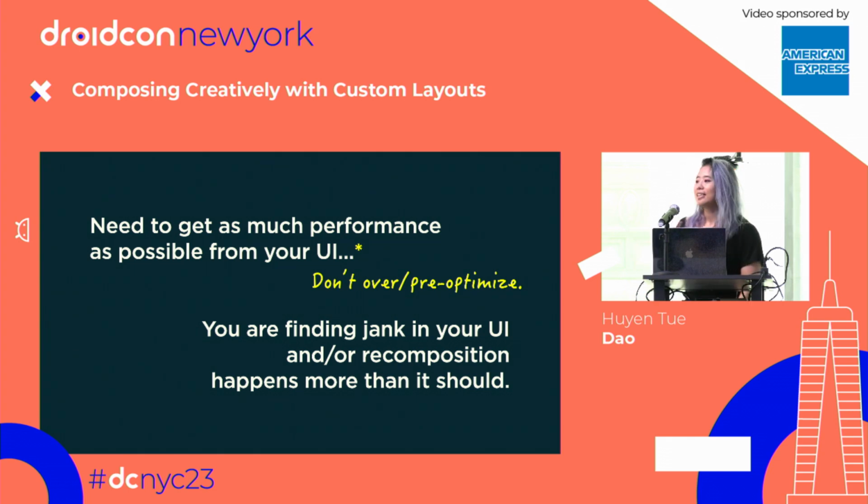This is not really advice for you, but especially if you're doing Compose for the first time, starting a greenfield project, or starting to integrate Compose into your apps, there is some decent advice there to not over-optimize or pre-optimize. But that being said, if you do test your app and find some jank, or find that in Compose you're recomposing more than you should, custom layouts, believe it or not, are an option.